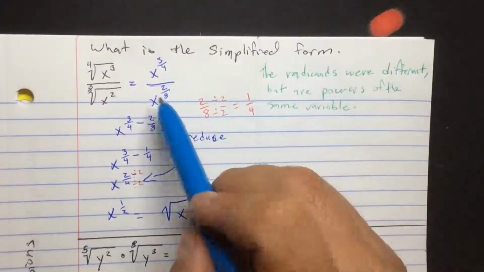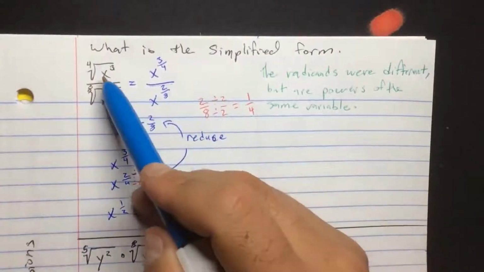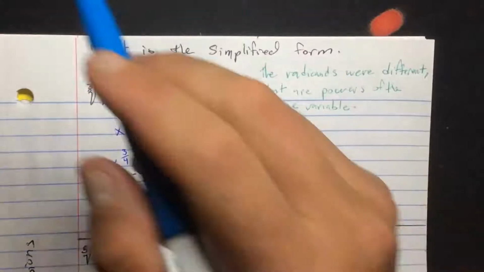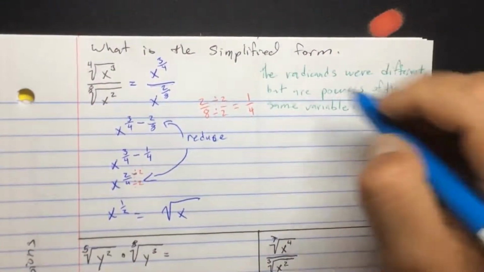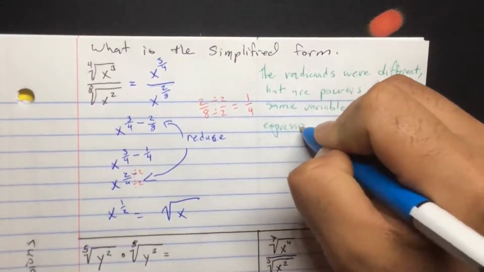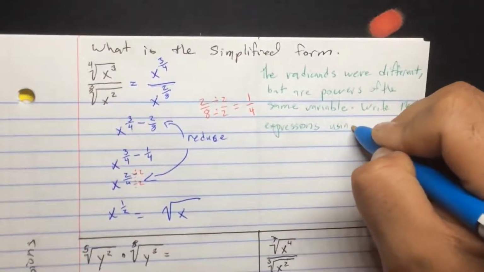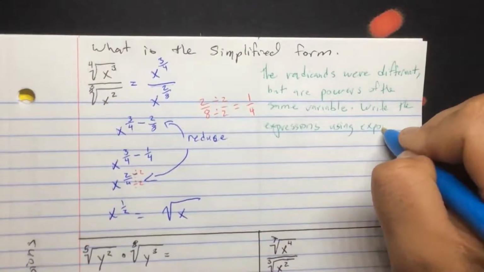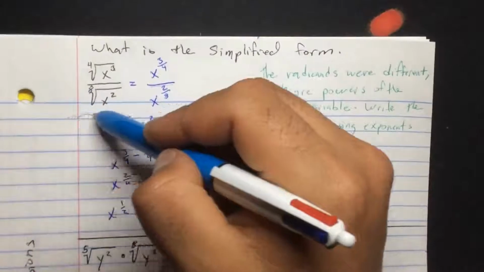The same variable here, x and x. So that's why we can go ahead and change it. If this was x, y, and x, it wouldn't necessarily work. So now, because of that, we can write the expressions using exponents. And this is all for basically this part here.